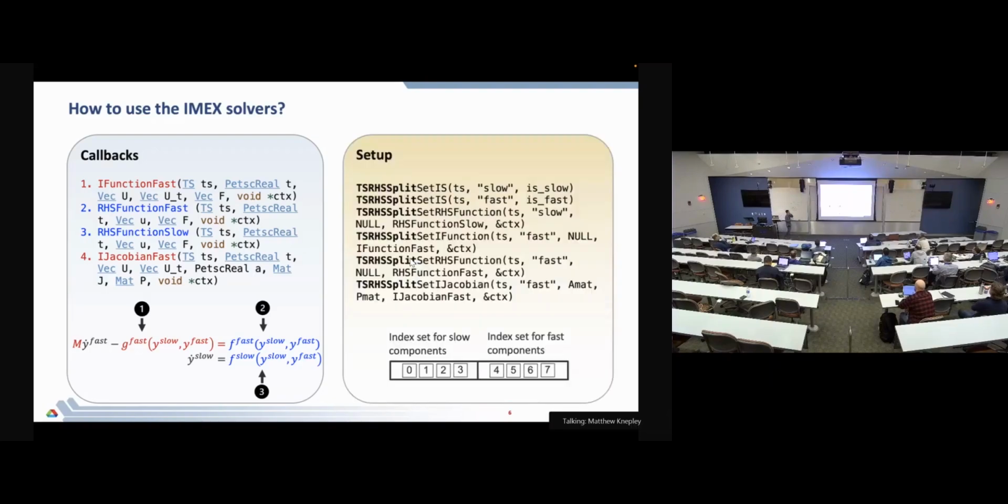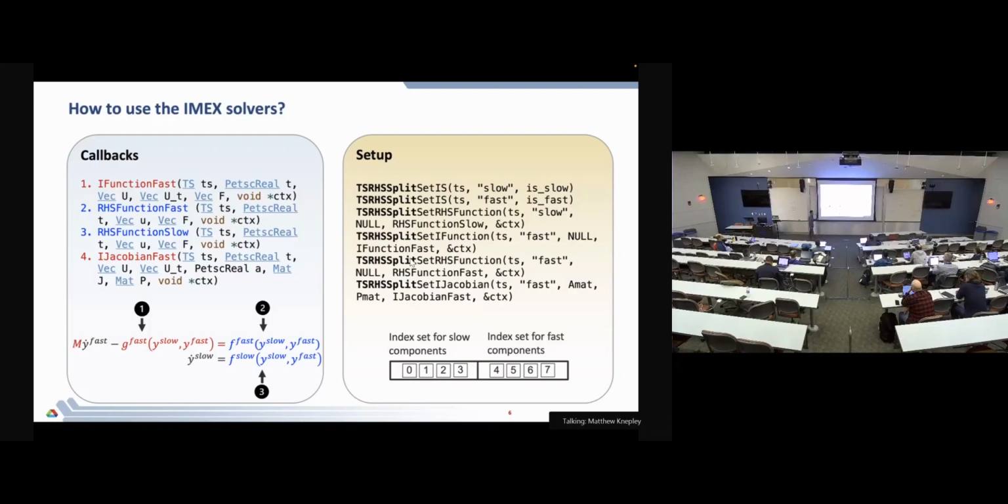In addition, you need to inform the solver which variables are fast and which variables are slow by setting the index sets for these variables. So for example, I can tell the solver the first 4 components are slow variables, and the next 4 variables are faster components. And then we tell the TS their index sets.